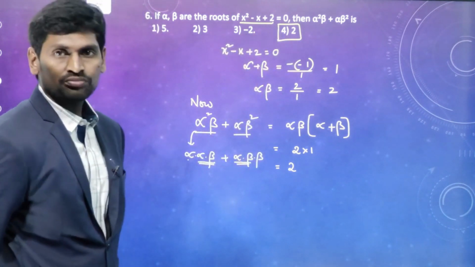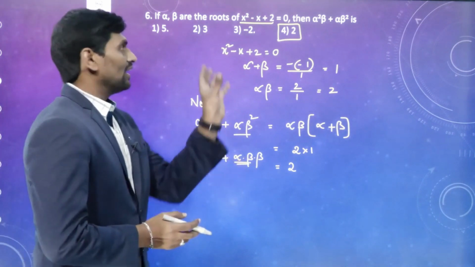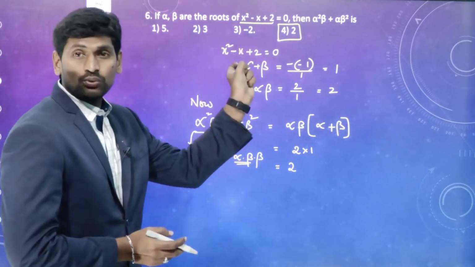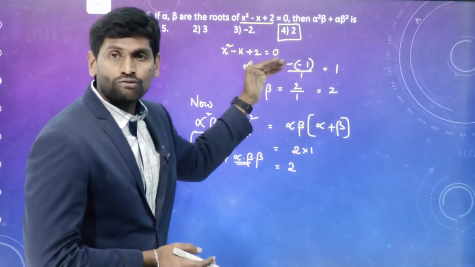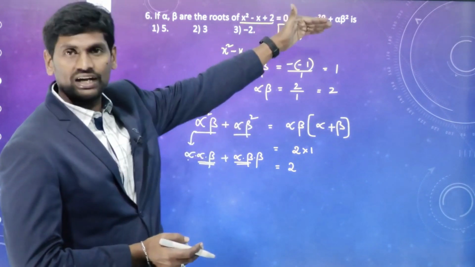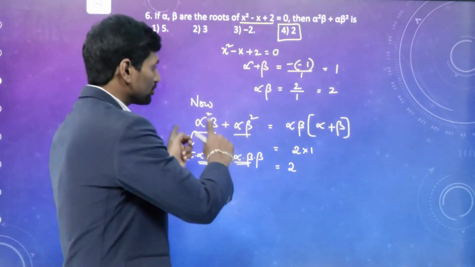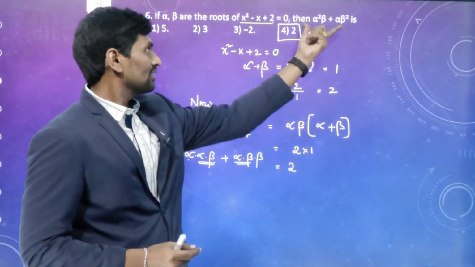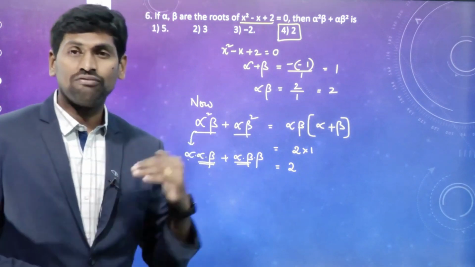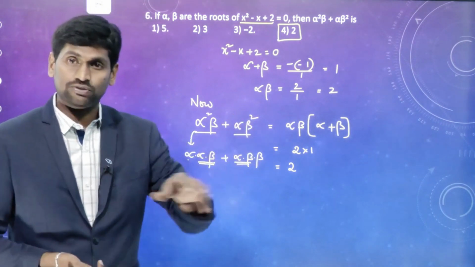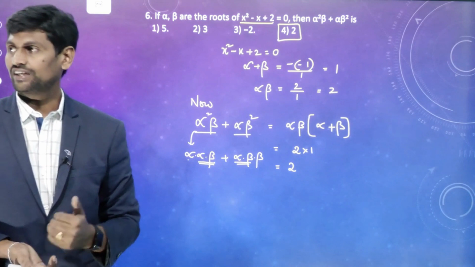Okay? So I have just taken the given quadratic equation and found the sum of roots and product of roots, and you need to substitute the sum of roots and product of roots values in the given condition. What is the condition? Alpha square beta plus alpha beta square. Okay? Right.